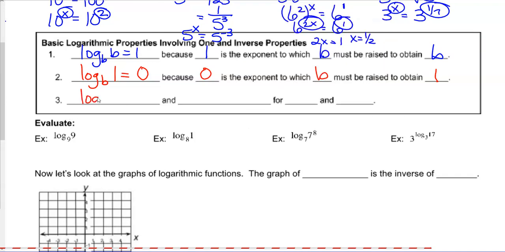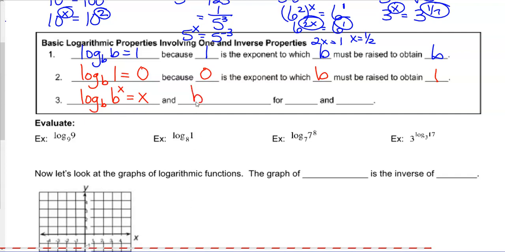Now, what if I have log base b of b to the x? So our bases are the same, except now we have a power here instead. Well, this is actually going to, in a sense, cancel itself out, because b to what power is b to the x? It has to be that power. And so those two things are equal to x.